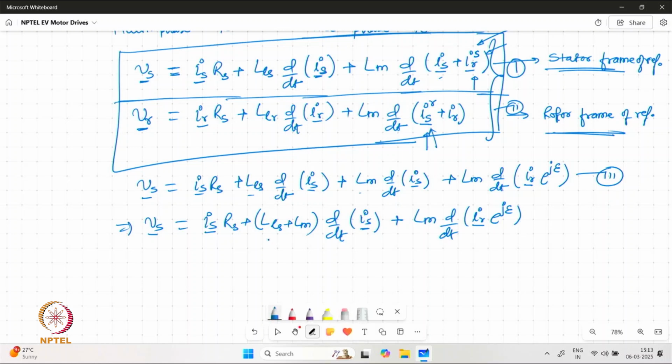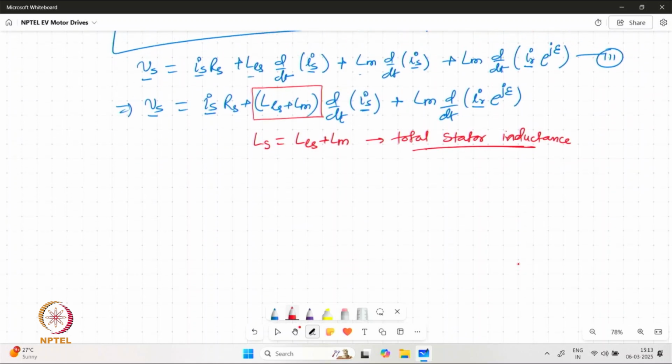So the term LLS plus LM can be combined together to be written as the total inductance, or in particular total stator inductance. Now this equation can be written in a further compact manner.